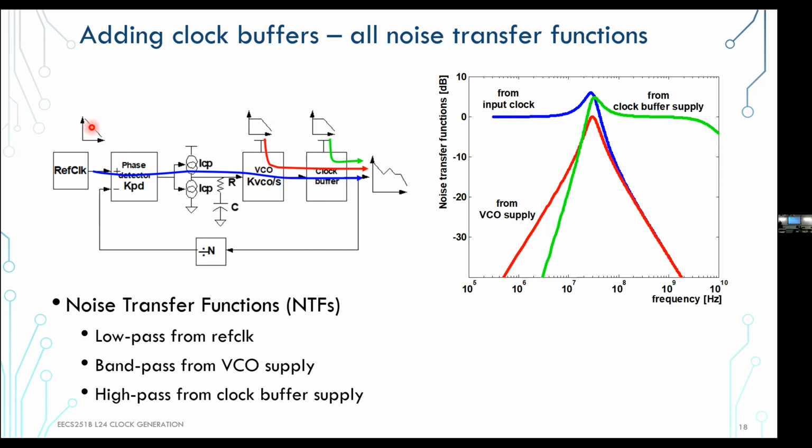For the phase noise of the ref clock, it's an oscillator, so its own phase noise is going to look like 1 over S squared, 1 over S cubed, depending on the flicker or thermal noise of that oscillator. So its power spectral density is going to look like that, and that's what we're plotting here. You take that power spectral density, multiply it by the square of this noise transfer function, and essentially get the output power spectral density.